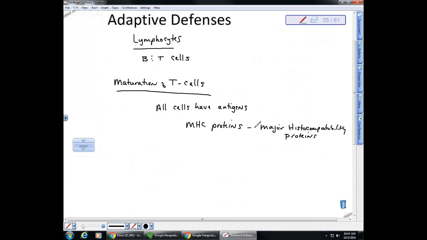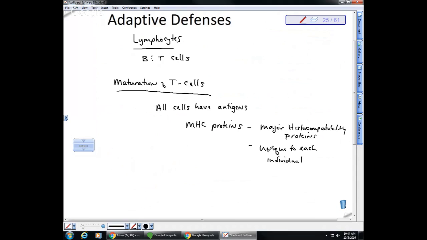And these are unique to each individual, except for identical twins. So identical twins could have the same MHC proteins. Okay, but generally they're unique to each individual. So you can have similar MHC proteins.